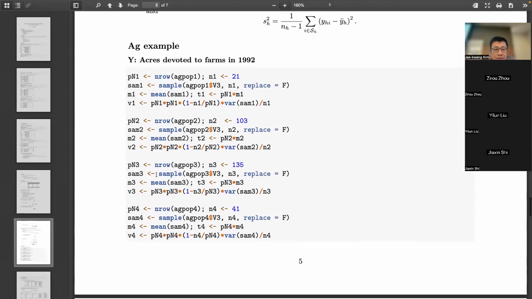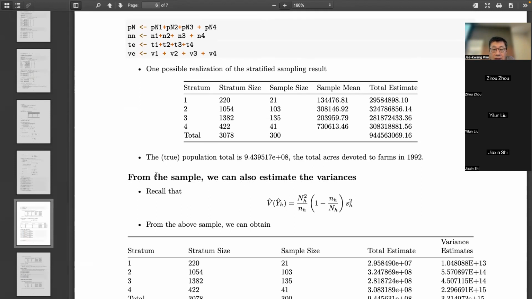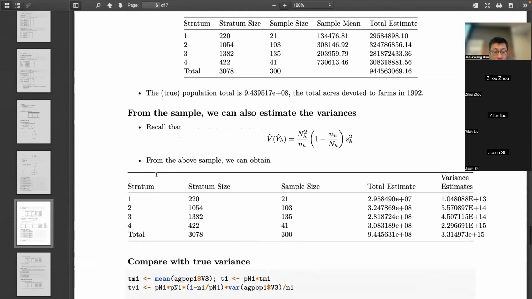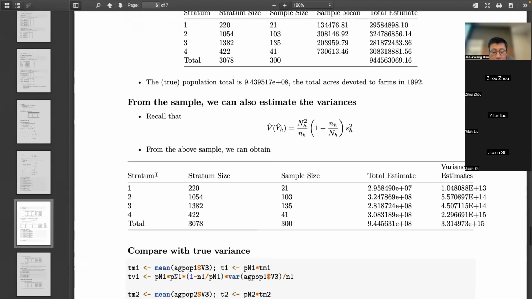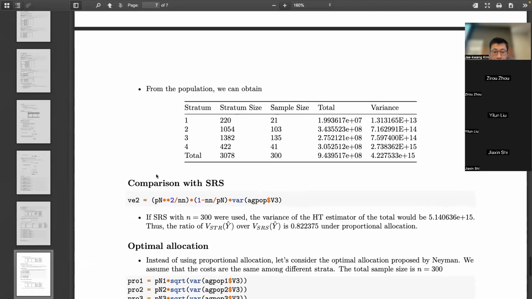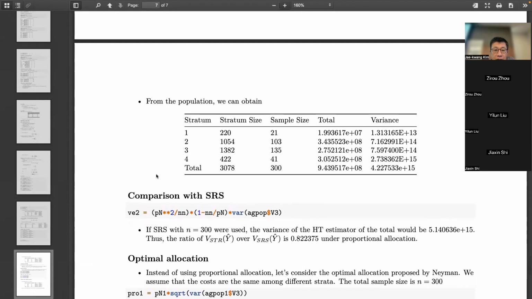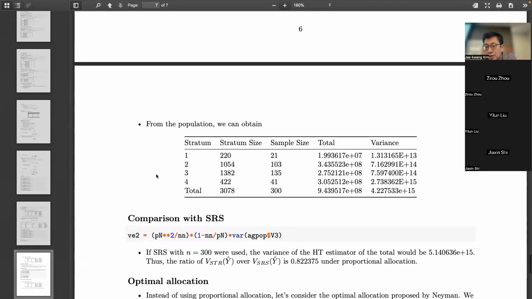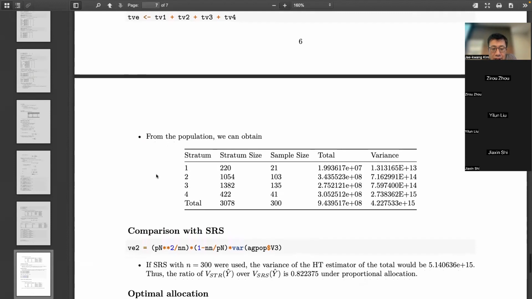If I do proportional allocation, I will skip all these, but the point is, this is the variance you would get using proportional allocation, and this variance compared with simple random sampling.